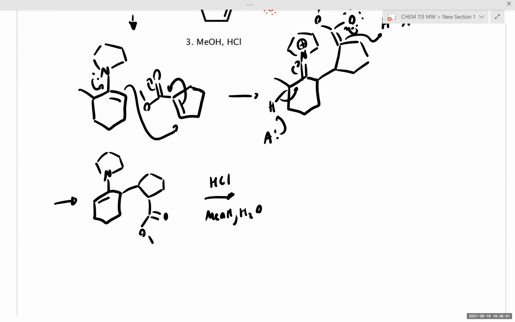Would anyone like to try and share the mechanism for enamine hydrolysis? Since we want to unmask the ketone to use it for further reactions, would anyone like to try to annotate that mechanism? Or would anyone like to try to share the next step in this reaction sequence?